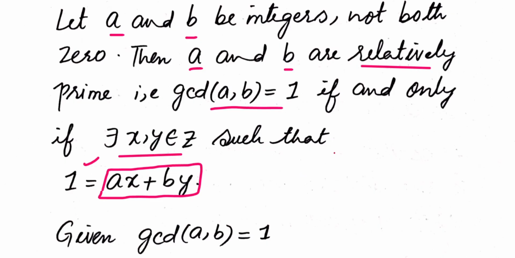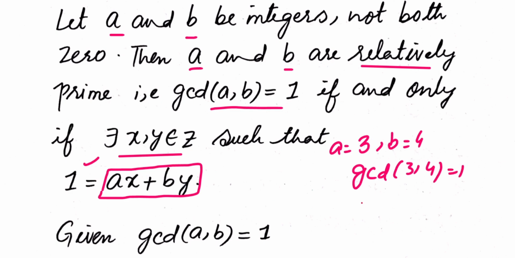For example, if you take A equal to 3 and B equal to 4, you know GCD of 3 and 4 is equal to 1. Now this theorem says that the linear combination of 3 and 4, that is 3x plus 4y, can be equal to 1 for some choice of x and y.